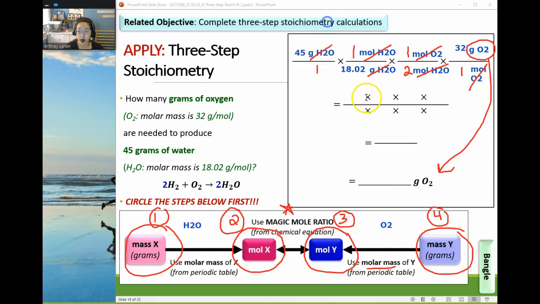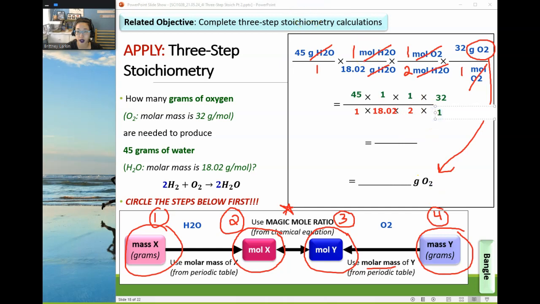So let me grab a different color here. On top, I've got 45 times 1 times 1 times 32. On the bottom, I've got 1 times 18.02 times 2 times 1. Remember, first you need to solve for what's on top. All right, so solve here. Actually, let me change these all to different colors just so we can make it really obvious that these are different parts of the equation.